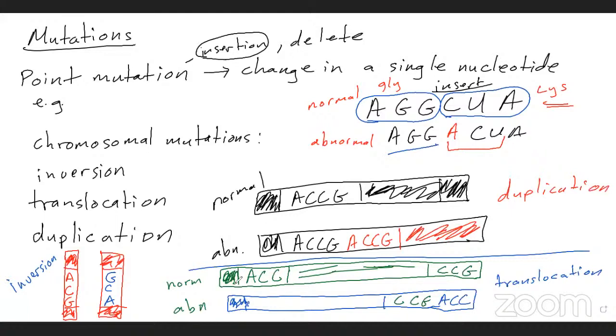Did you see the normal one in green, the ACC? Are you seeing it? Yes, sir. So the ACC in the abnormal one, just put it in front of this or behind it. Doesn't matter. Just move it from here and put it somewhere else. So translocation just means take it from where it is and put it somewhere else.